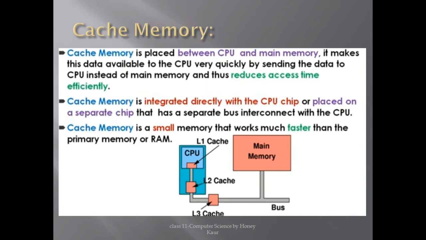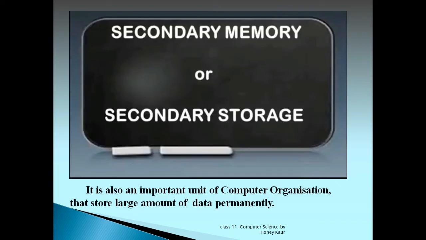So with this diagram we can understand the cache memory has 3 levels, L1, L2 and L3, and these 3 levels store the data of different types depending upon the bus that is used to control or carry it.